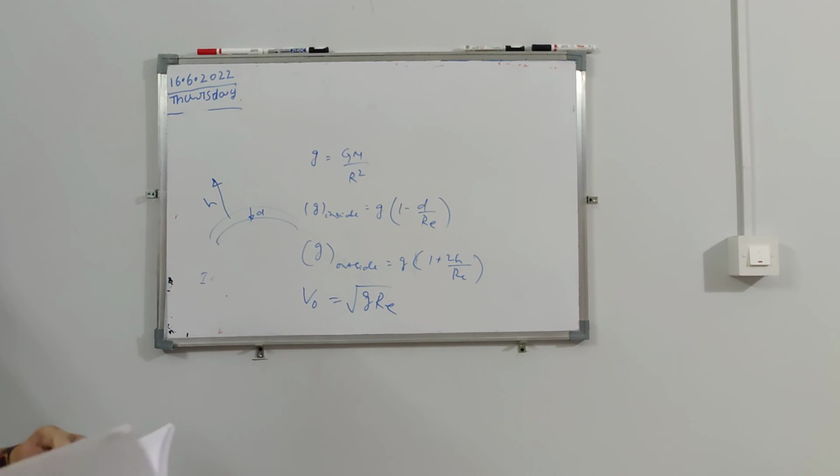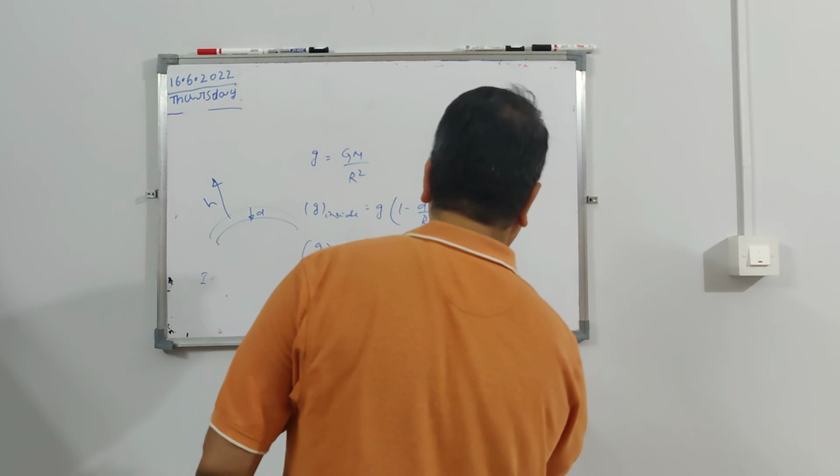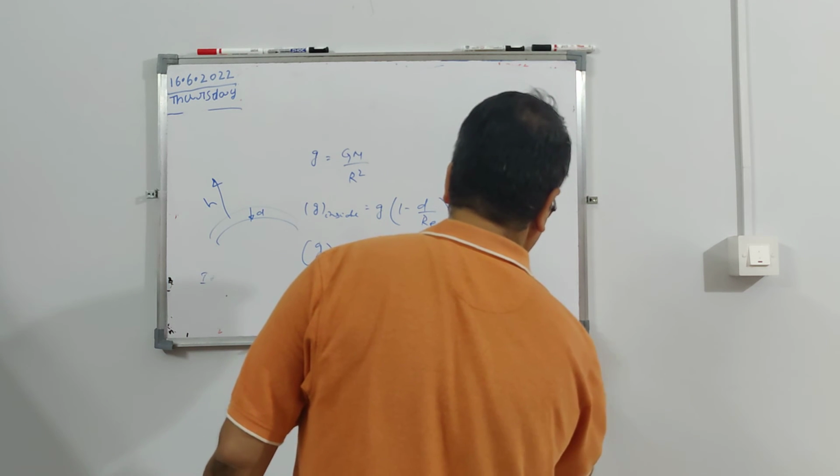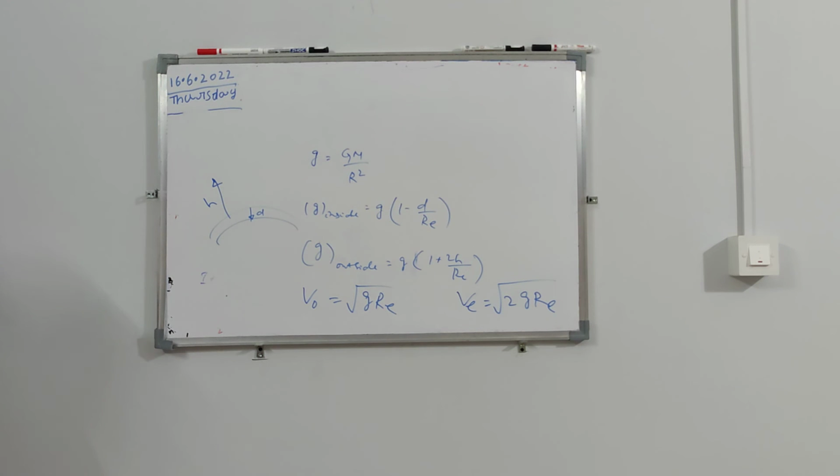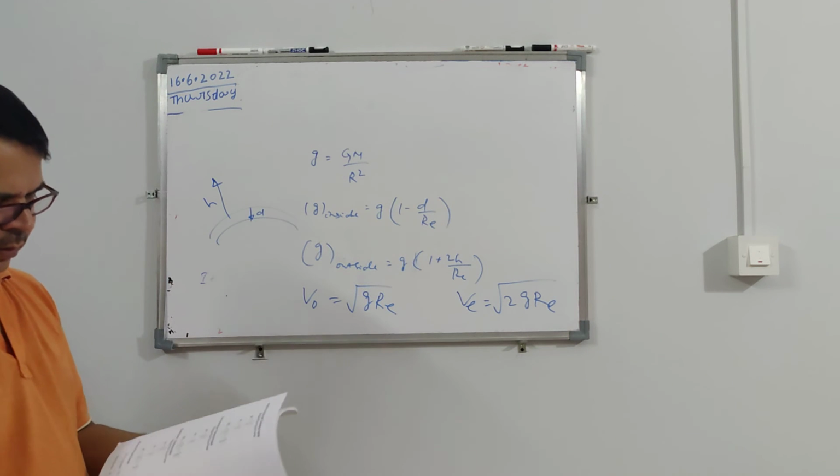I think escape velocity is square root of 2gR, 2 times that. So this is orbital and this is escape velocity. Okay. And that is gravitation.